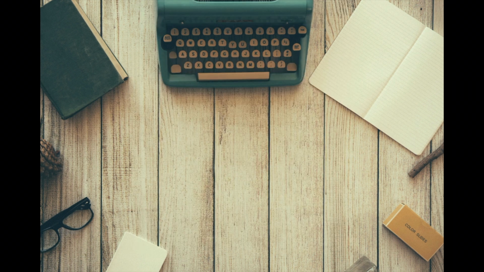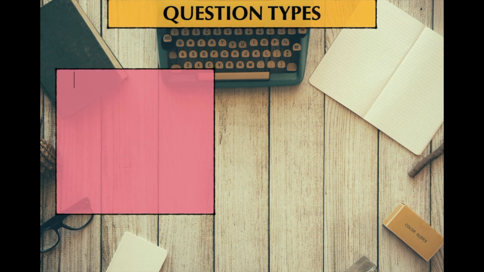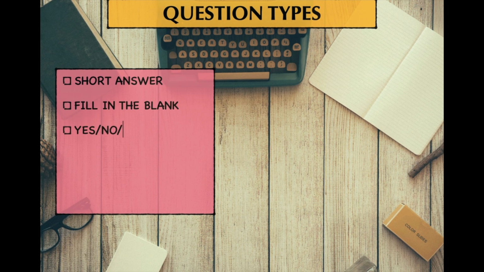Now let's look at the question types that are being asked in the original exam. You may face short answer question type or fill in the blank question type, or you may face yes no not given question type. A variation of yes no not given question type is true false not given question type. The strategies to solve these questions are different, though they look similar.